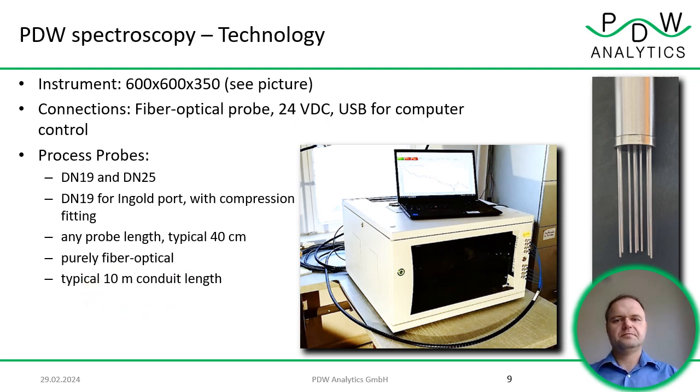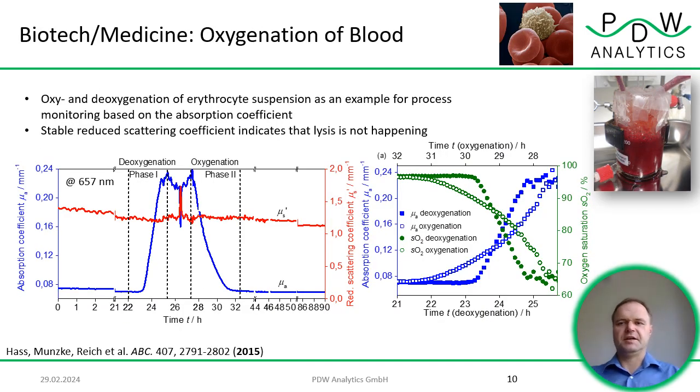Now let's look into applications, and the first application which I would like to show you is the oxygenation of blood, mainly because of this being a process which is monitored with the absorption coefficient. So what has been done here, oxy and deoxygenation of an erythrocyte suspension was measured, and what we see in red is the reduced scattering coefficient as function of time, which is not changing over many hours, at least just reducing a little bit.